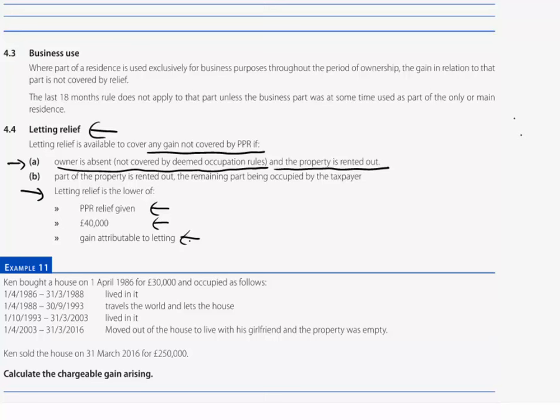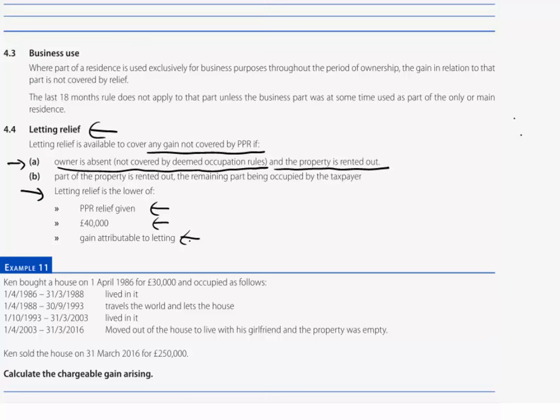Look at the gain, that was, I'm trying to remember now, 30-something thousand, I think. That is less than £40,000. Were we letting out the property throughout that period of ownership? Yes, we were. So all of that remaining gain of 30-something thousand pounds, being less than 40,000, would indeed be eligible for lettings relief.